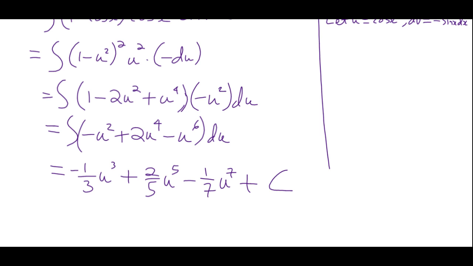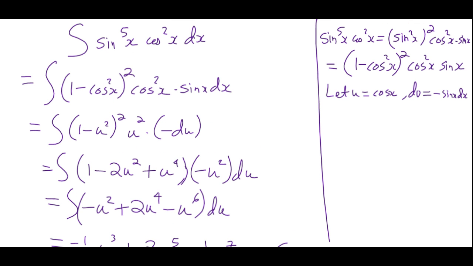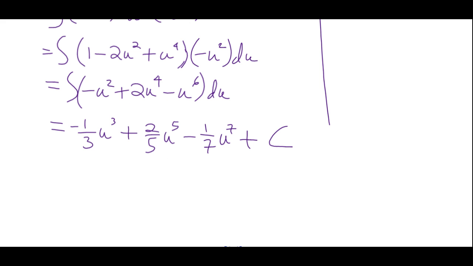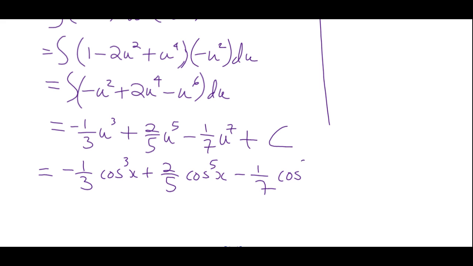Now, what's u? u is cos x. So finally, negative 1/3 cos cubed x plus 2/5 cos to the 5th x minus 1/7 cos to the 7th x plus c.